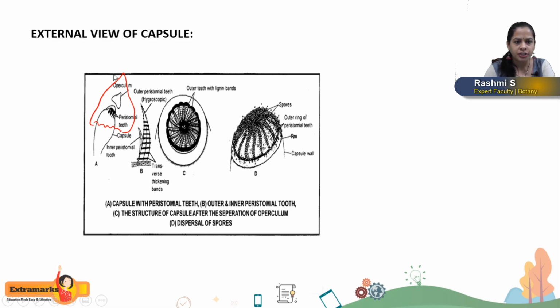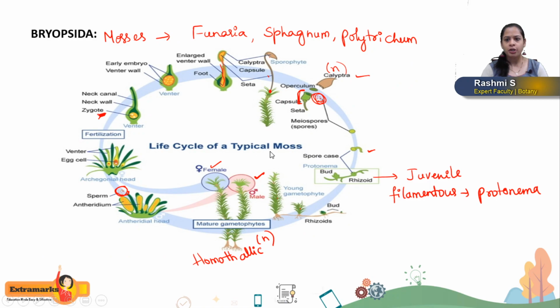After the maturation of the sporophyte, first the calyptra falls down, then the operculum also falls off, then the peristomial teeth contract, and there will be dispersal of the spores from the peristomial teeth. So this is how spore dispersal occurs in the Bryopsida.